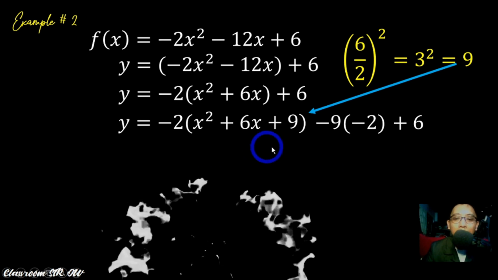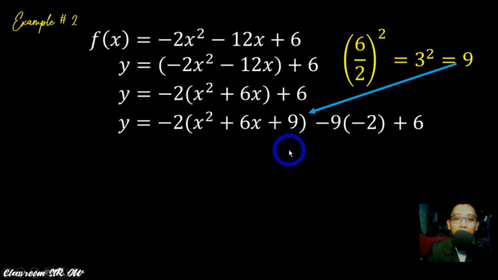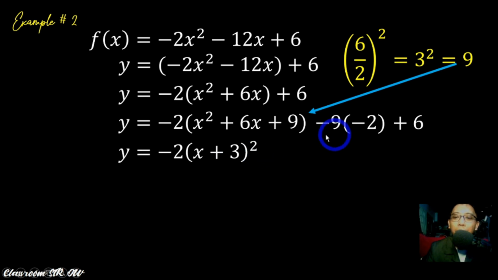Since this is now a perfect square trinomial, we can factor this out as negative 2, we just copied, x plus 3, because the square root of x squared is x, and the sign of the linear term is positive, and the square root of 9 is 3, raised to the power of 2. Negative 9 times negative 2 is positive 18, copy positive 6.